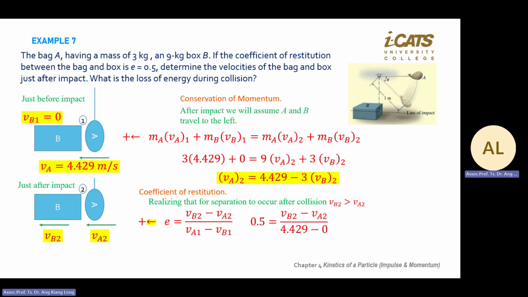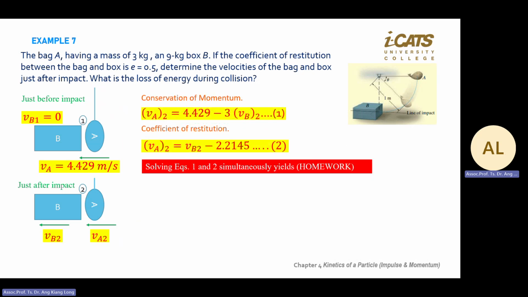Okay, the rest I won't go deep into. I assume you already know how to solve the mathematics. From there, you already know your VB2, VA2. So solve these two equations. Your homework. You have these two equations, you solve.